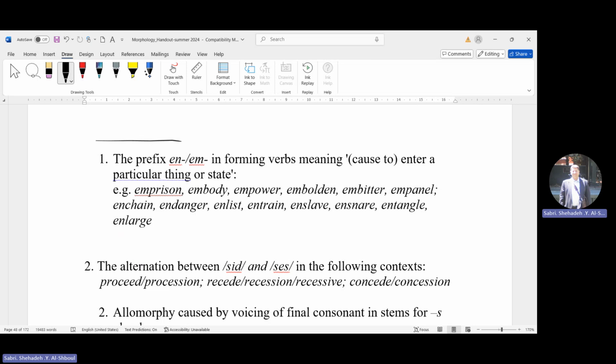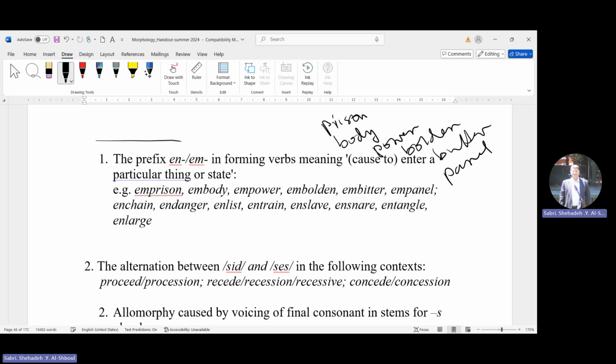For example, when we have prison, right? We have prison, we have body, we have power, sorry, embolden, embitter, empanel.